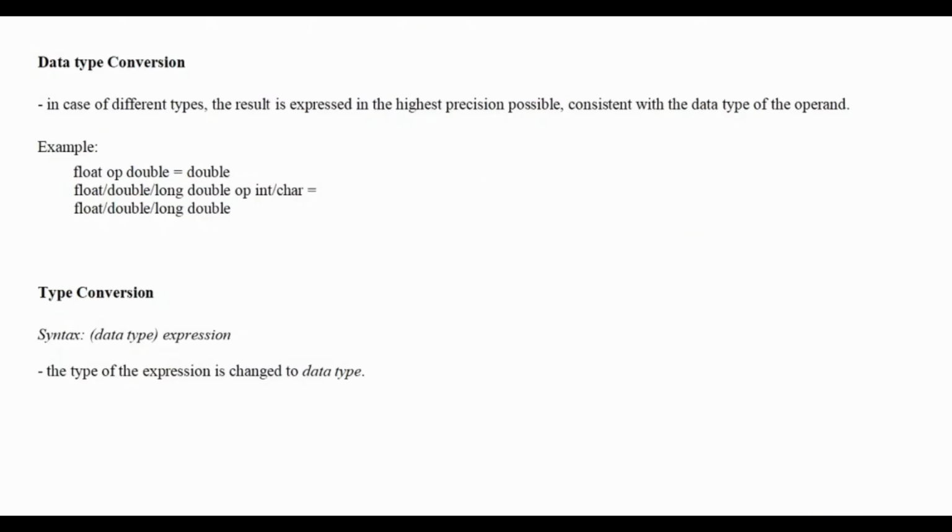Now, in case of different data types found in the expression or in the statement, the resulting value of that expression has a data type which is the one with the highest precision among all of the data types found in the expression.